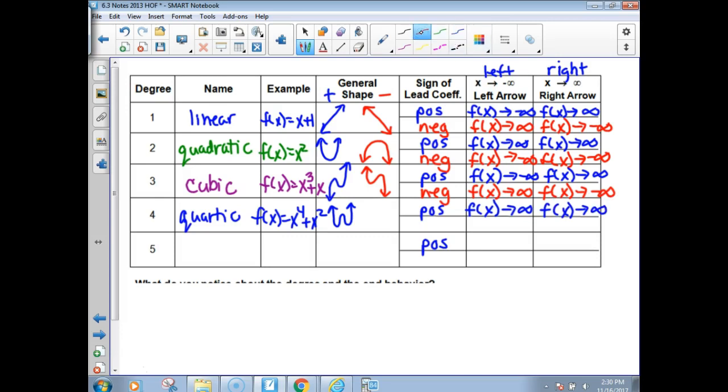Or left and right, I should say. I'll keep doing left first. And then it'll flip over and make an M kind of thing, possibly, if it's a negative leading coefficient. So f of x is going to point down on both the left and the right.